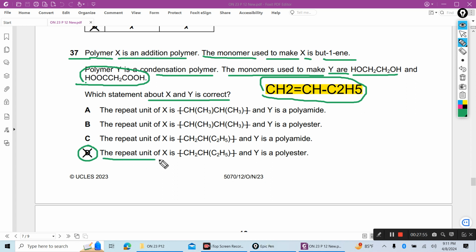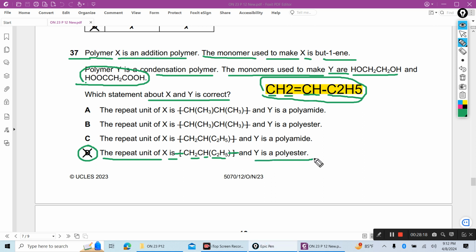Why? The repeat unit of X: this carbon contains 2 hydrogens, so here 2 hydrogens. This carbon contains 1 hydrogen and 1 ethyl group, and 2 bonds open.